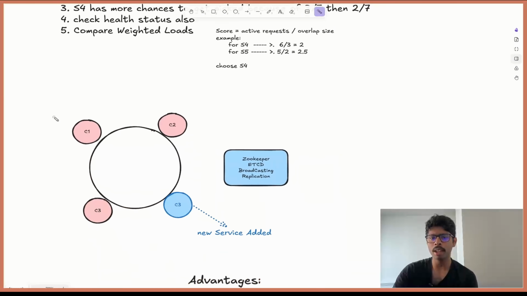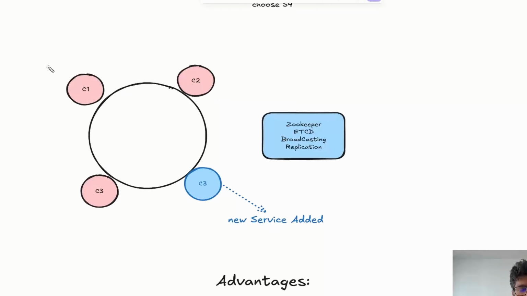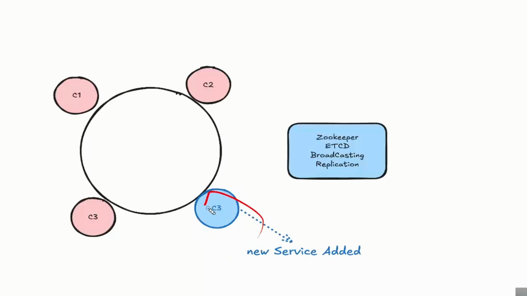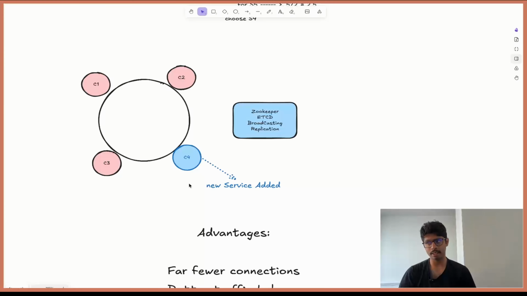Now we are going to understand it a little deeper. Let's think of it, this is the ring, and how are we going to handle the case where we add one more timeline service? I told you that we are going to change the numbers in our ring.